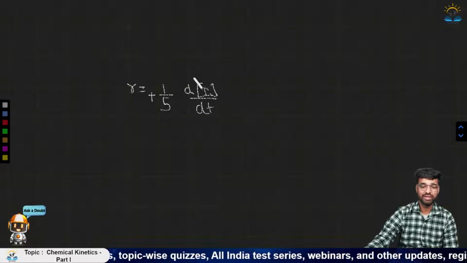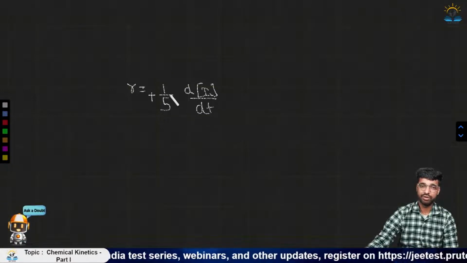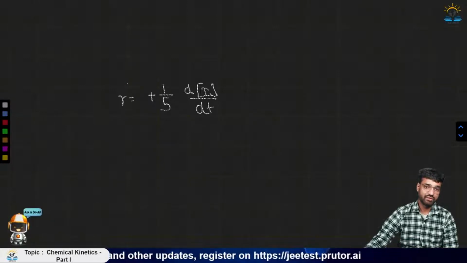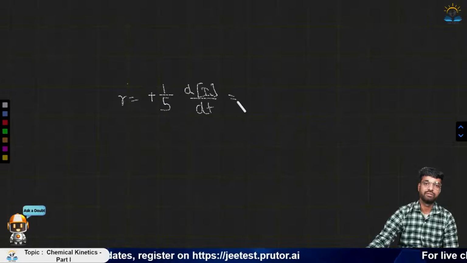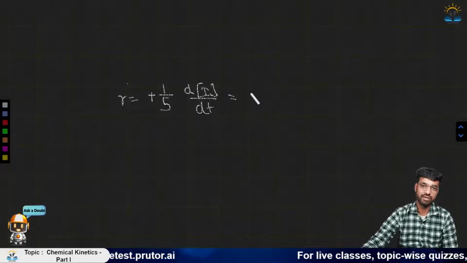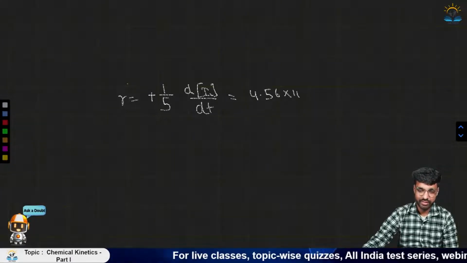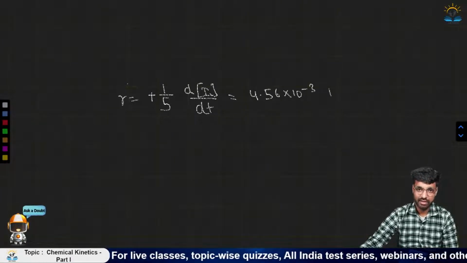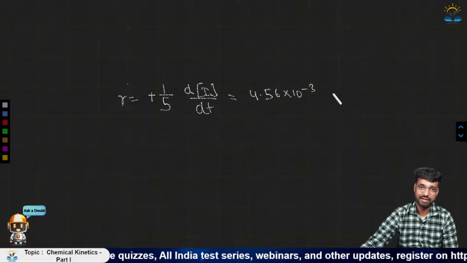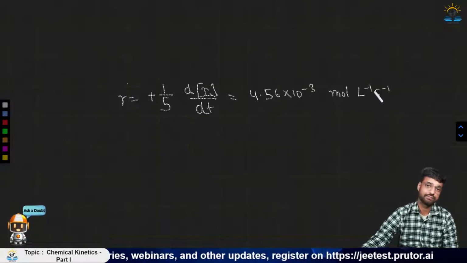Because we know very well that it is the product. The product is appearing and we do not need to put a negative sign, as it will change the very concept of rate of reaction, which always remains positive. Now this value is given as 4.56 into 10 to the power minus 3 M per second, that is molarity per second, or you can also write it as mole per liter per second.